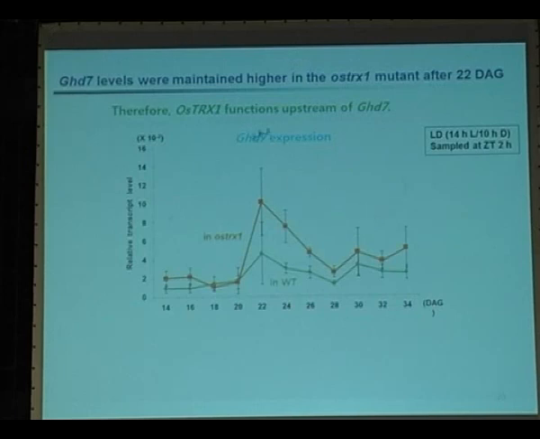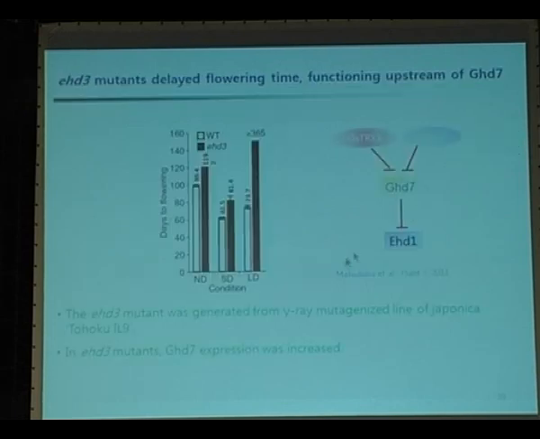As you expected, GHD7 expression remains high in this mutant, starting from 22 days. Therefore, we think that GHD7 is controlled by TRX1 and EHD3.